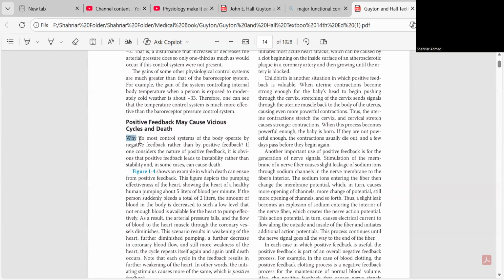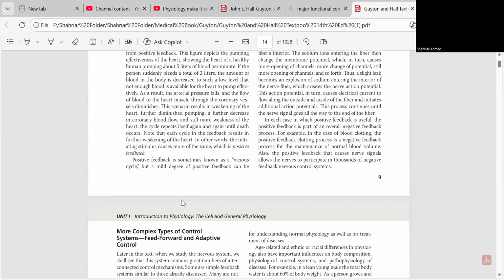Why does most control system of the body operate by negative feedback rather than positive feedback? If one considers the nature of positive feedback, it is obvious that positive feedback leads to instability rather than stability, and in some cases can cause death.